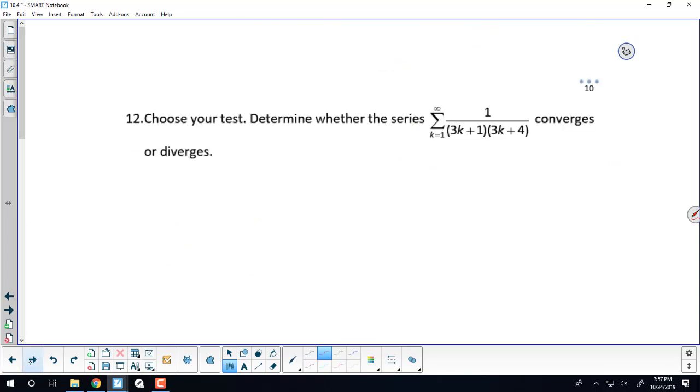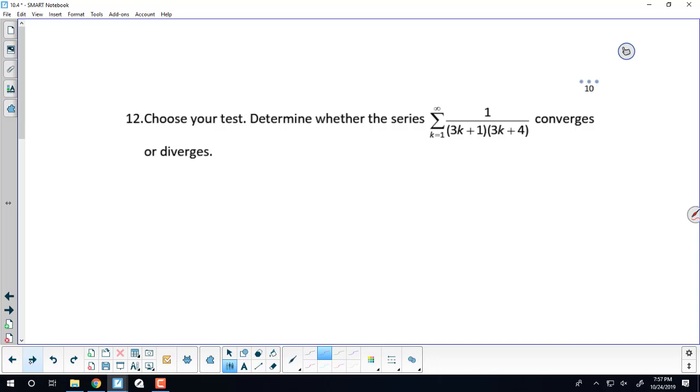So what about this one? Number 12. Because it's k squared over k squared. Yeah, I mean, we can look at it asymptotically.